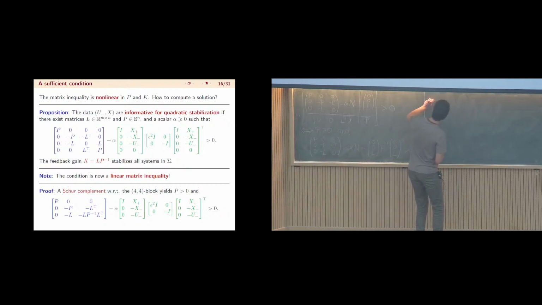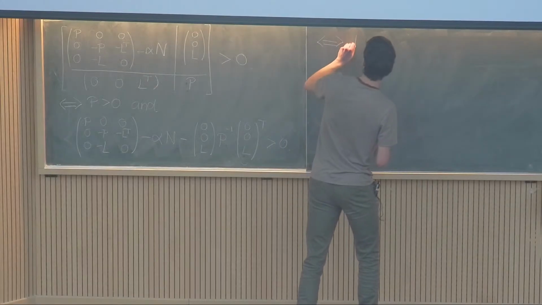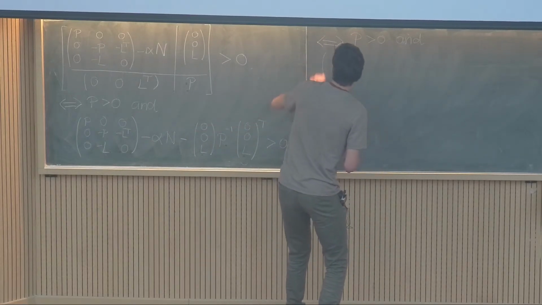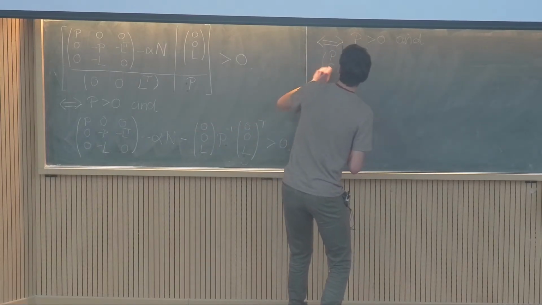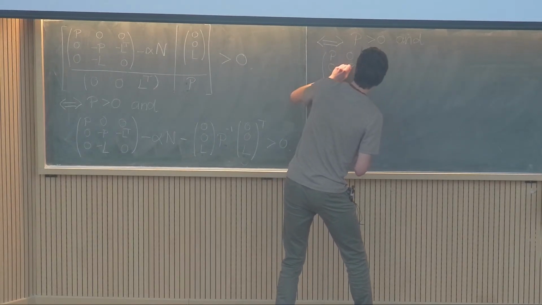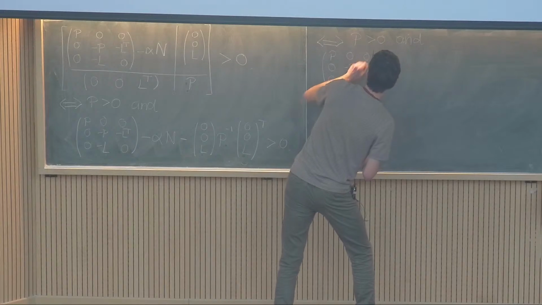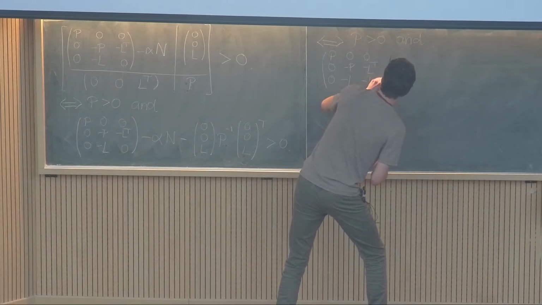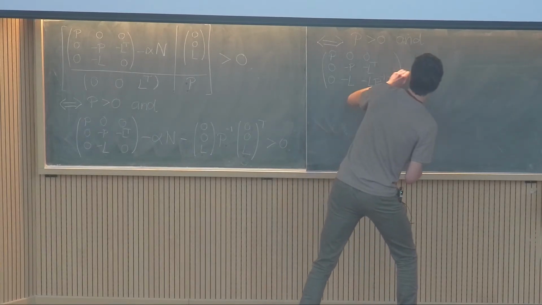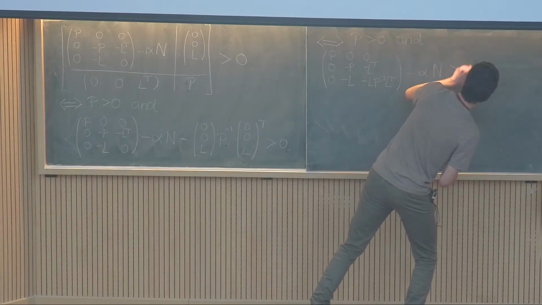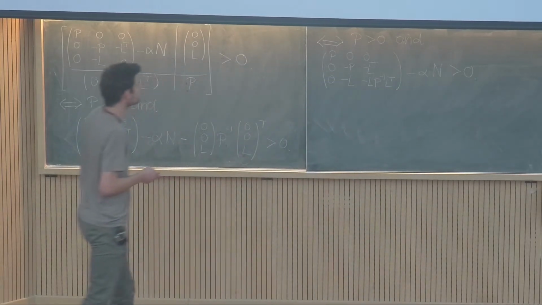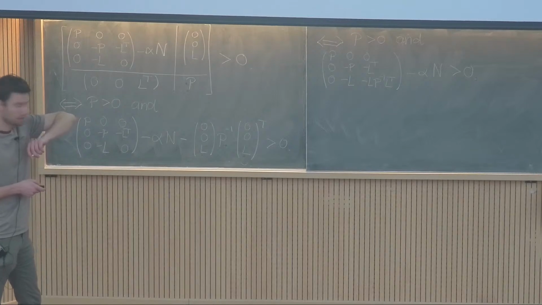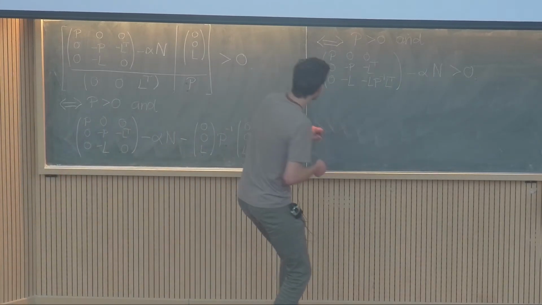In other words, this is equivalent to saying that P is positive definite, and P, 0, 0, 0, 0, minus P, minus L transpose, minus L, and then I have minus L P inverse L transpose, minus alpha N is positive definite. Okay, final step. I now define K to be L P inverse. So let's try to plug it in here.